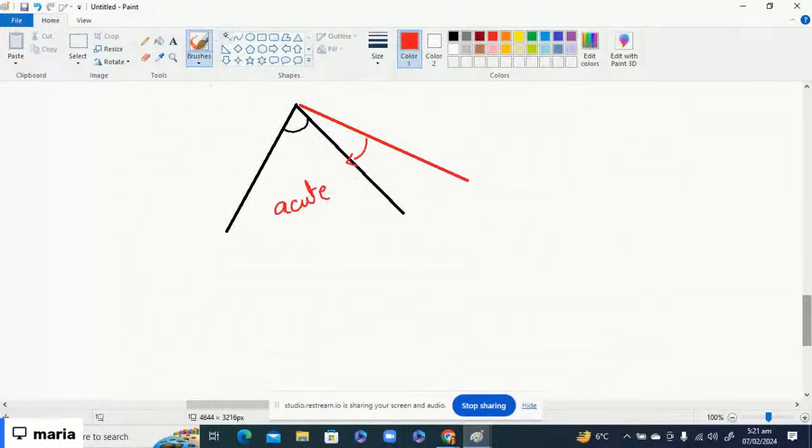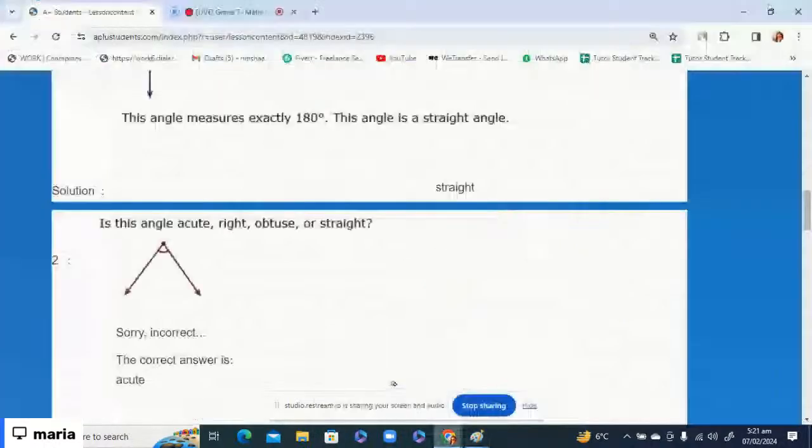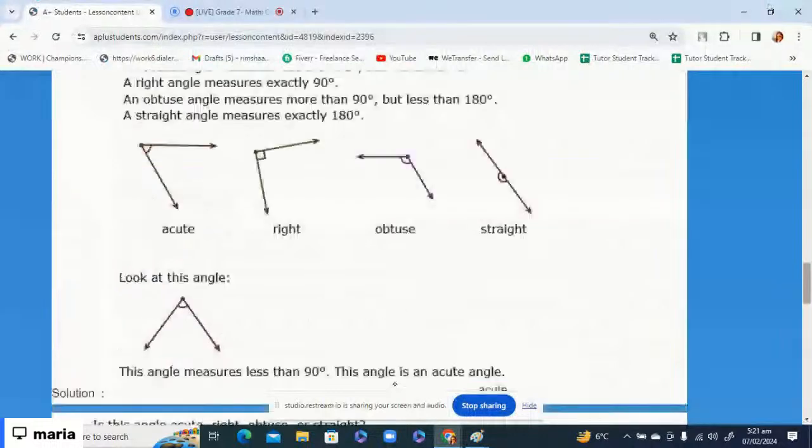Okay, if for example your line is like this way, as we know the right angle line lies here, because this becomes 90 degrees, and it is greater than 90 degrees, so it becomes obtuse. All right, so this is an acute angle.